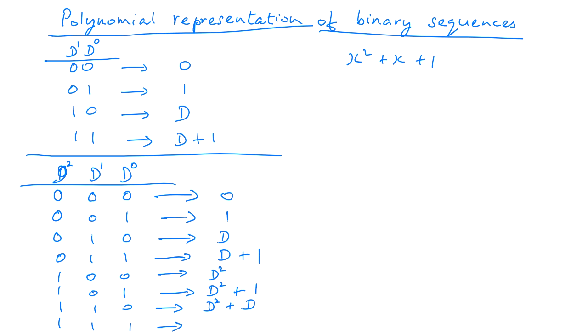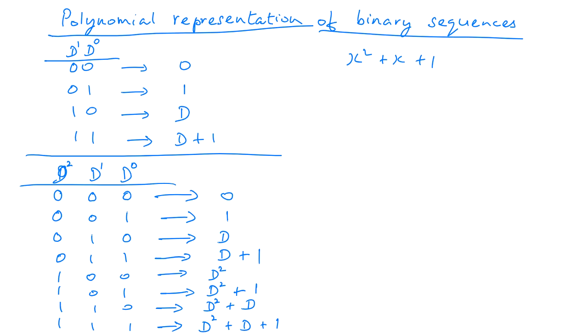And the last one would be d square plus d plus 1. Okay, so this is how we create the polynomial representation of any binary sequence.